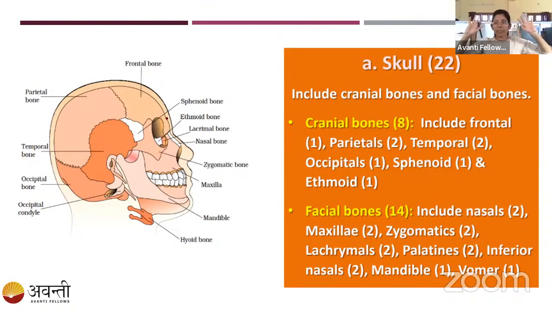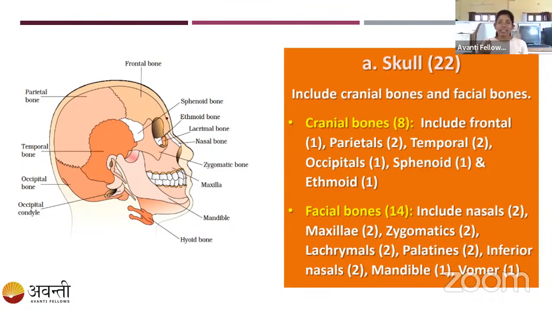Parietal means towards the periphery, the outside. If you can feel here, there are 2 bulgy parts, 2 bulgy bones. These are the parietal bones. Can you check, everybody? Do you have this bulgy area on both sides or one side? Yes, both sides, which means 2 parietal bones.